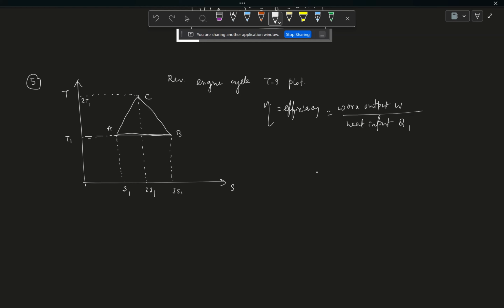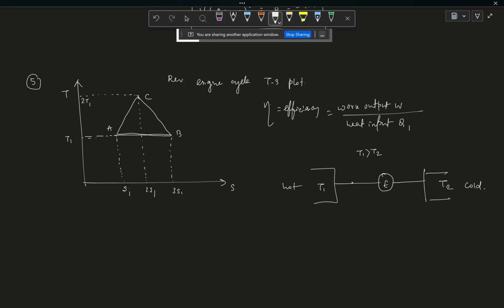So you know that reversible engines are basically like Carnot engines, and Carnot engines work in this way: you have your hot end at T1 temperature and your cold end at T2 temperature. So T1 is greater than T2, this is hot and this is cold, and the engine is connecting these two.